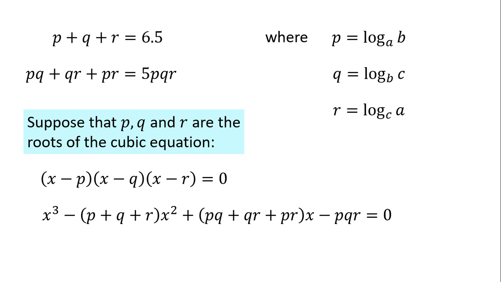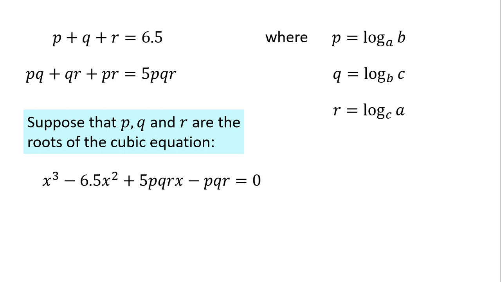And notice that it contains expressions that are also present in the given system. So I can replace p plus q plus r by 6.5 and pq plus qr plus pr by 5 pqr. So the cubic equation becomes x cubed minus 6.5 x squared plus 5 pqr x minus pqr equals 0.